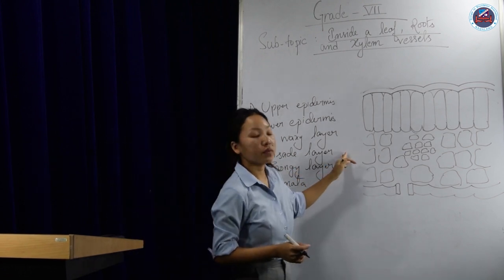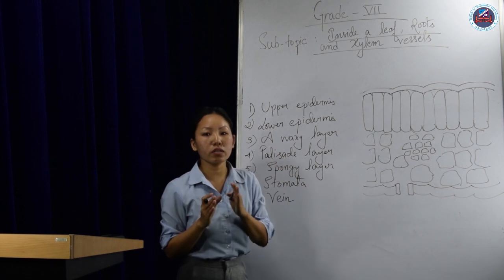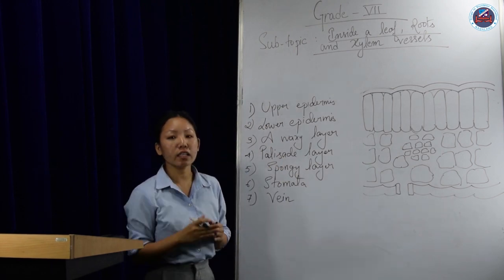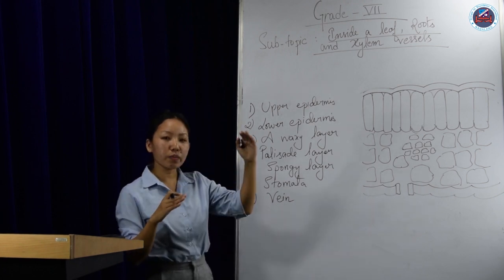This diagram shows a cross-section of a leaf. In other words, we can say that a leaf has been sliced from top to bottom.